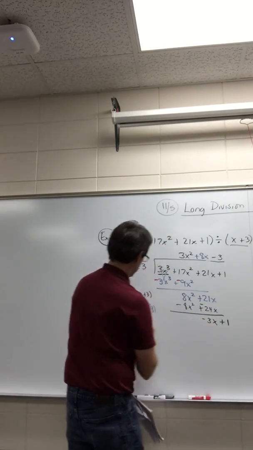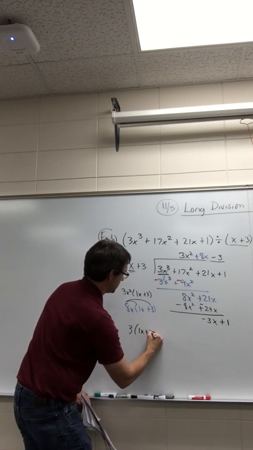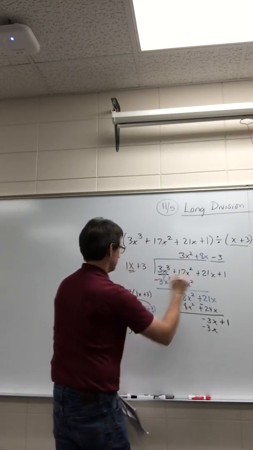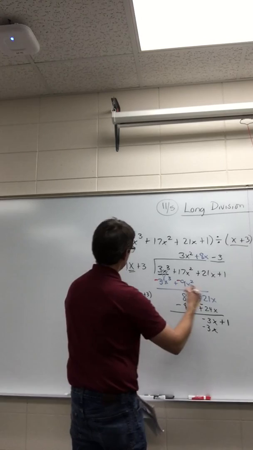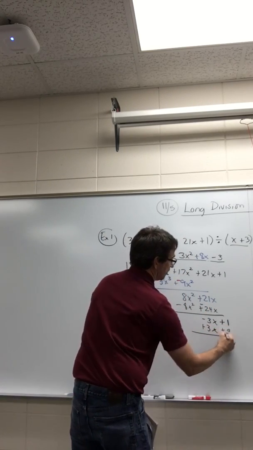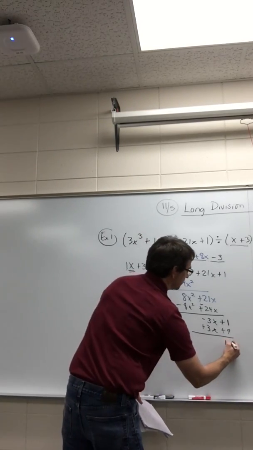I multiply negative 3 times 1x plus 3, and I get negative 3x, and that's right, I'm multiplying by negative 3, and minus 9. I change the signs because I have to subtract, and then I add down, I get 10.